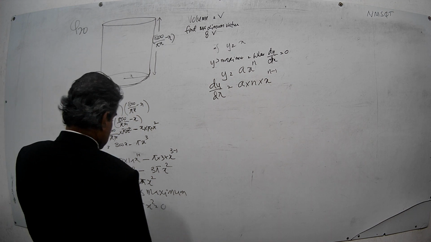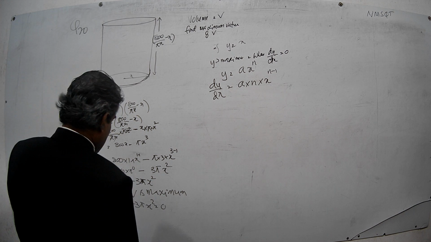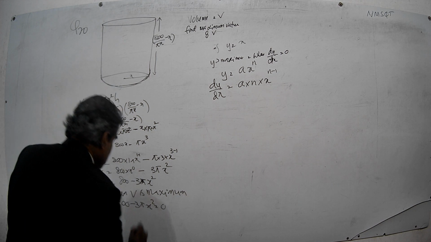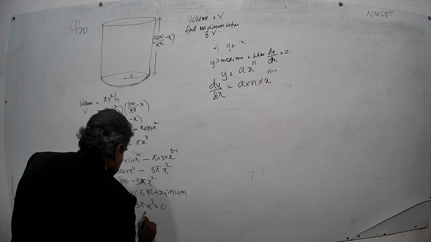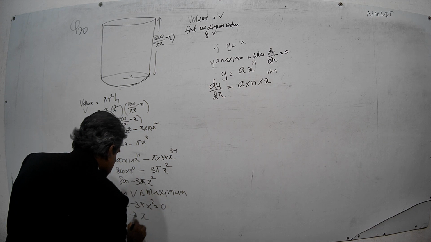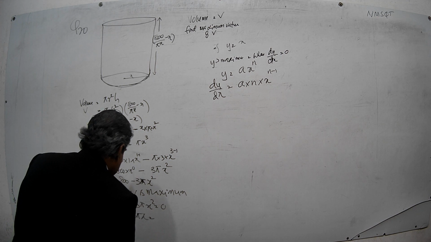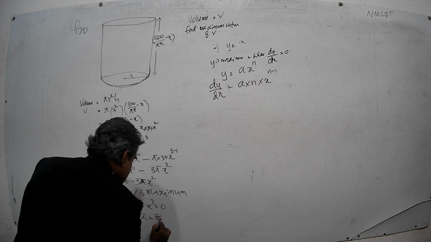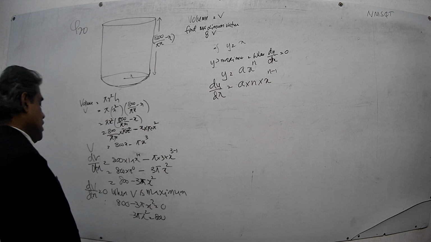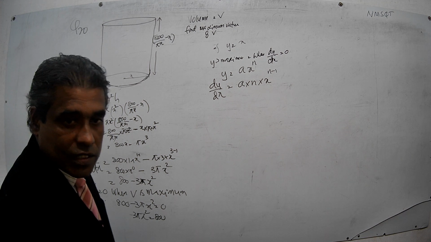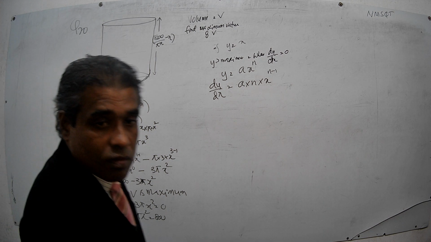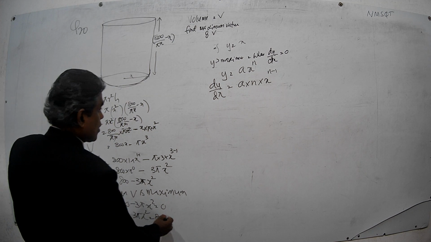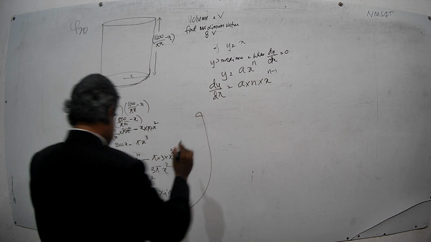Now you find the value of x. Then x squared, you take this to the other side, so plus 3 pi x squared equals 800.